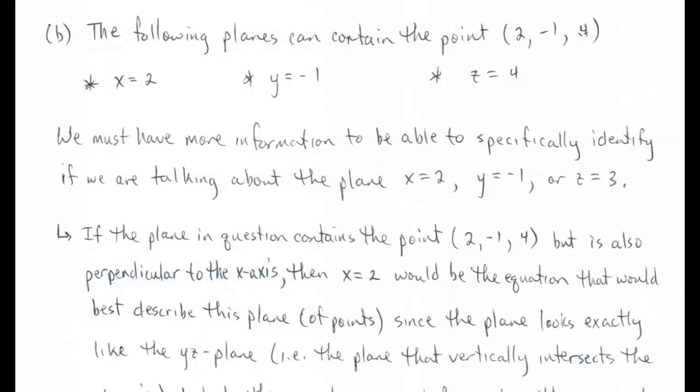So one very easy way to describe that we want the plane x equals 2 is to say that we want the plane with this same point on it, but we want the plane to be perpendicular to the x-axis, okay? When we make that distinction, it makes it pretty easy when we look at this visually to know that we're actually talking about the plane x equals 2. And so I'm going to show you a visual depiction of what this problem would look like so you can see what I'm saying.